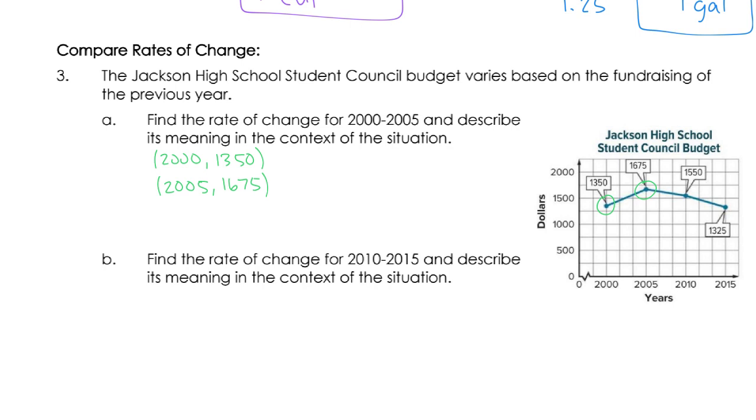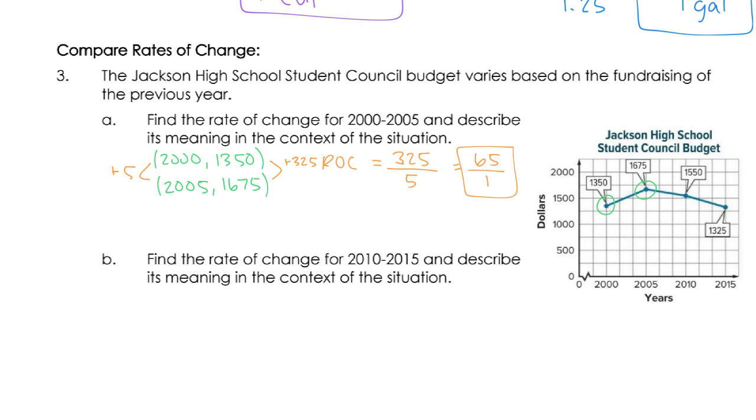Then you'll notice that this kind of looks like our table that we had earlier. So again, our rate of change would be change in y, and this has an increase of 325 from the first number to the second number. And then that would be 325 on top because it's always change in y over change in x. And then over, this has an increase of 5, so then over 5. Again, we're going to simplify this, so that would be 65 over 1, and then that would be our rate of change, but then you'll notice that it says we have to actually describe the meaning in the context of the situation.